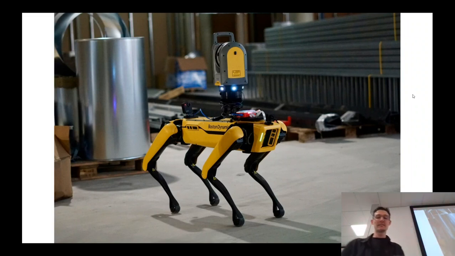This guy here, this example, they use this a lot in the United States. There's a point cloud scanner mounted on top of the robot. And what happens is every morning, I think they do this overnight or in the morning, before everyone comes onto the site, the robot dog walks around the building site and scans the whole thing, makes a 3D point cloud. Do you remember right at the beginning, we did 3D point clouds? I made one on my phone.